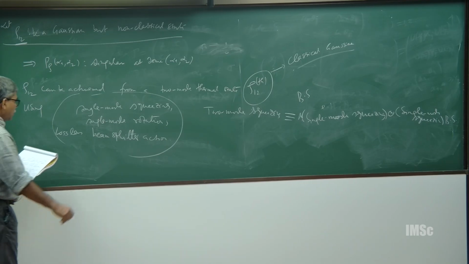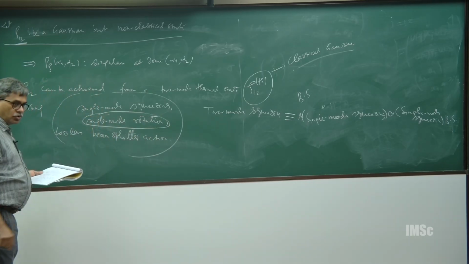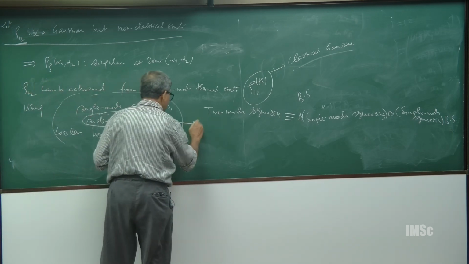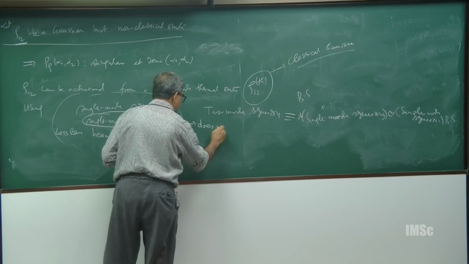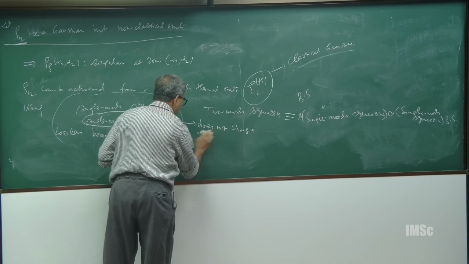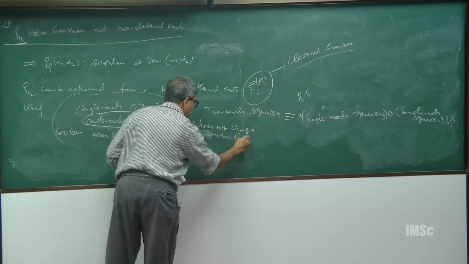Now, if I look at single mode rotations, in fact 2 mode rotations also, they do not change the eigenvalues, or you can say the spectrum, of the covariance matrix.